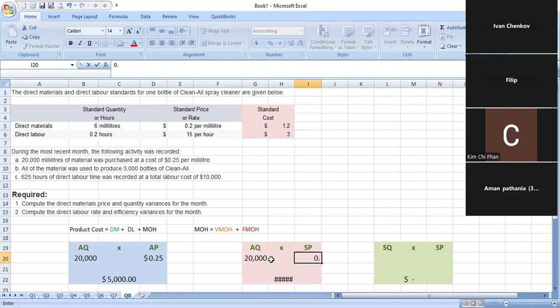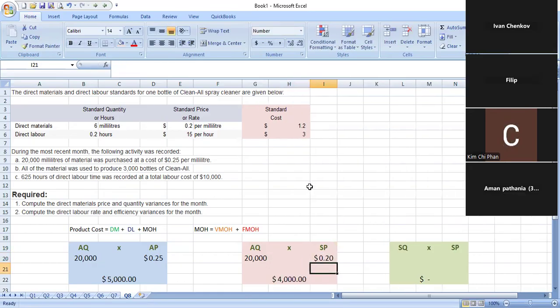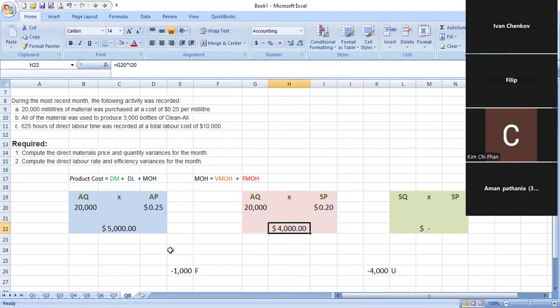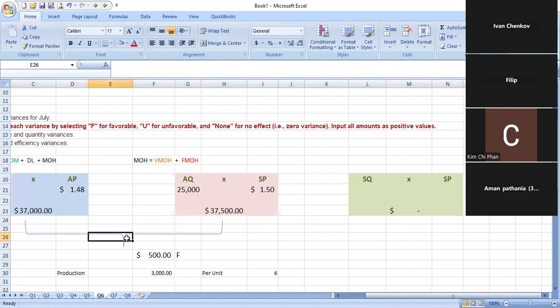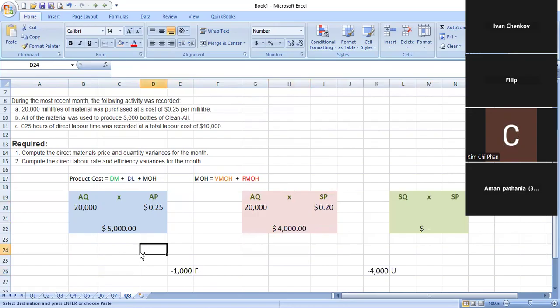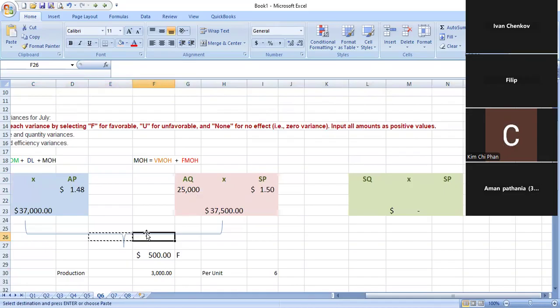So 0.02, right? 0.2 only, 0.2. And that's going to give me the variance based on the actual usage. So my variance here is 1,000 negative. Does that make sense? Yes. Why does it make sense? Because we're supposed to spend more.